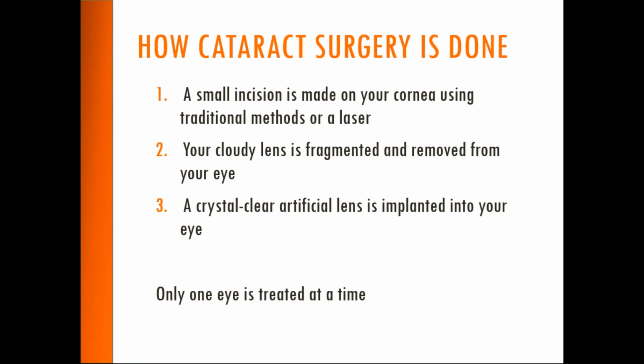The lens of the eye is then dissolved or broken up, depending on how you want to do it, either with ultrasound or with a laser. And then those fragments are removed from the eye, and we replace the lens with a crystal clear artificial lens that's typically made of acrylic plastic. And this lens stays clear forever, and once it scars into place in the eye, it's a piece of you forever. So very elegant way to do the surgery these days compared to how we used to do it.